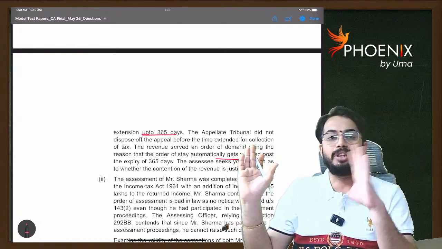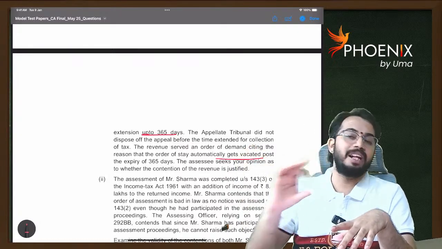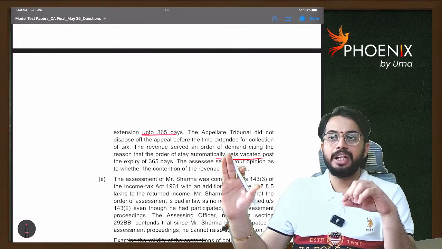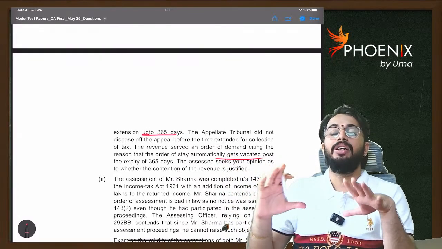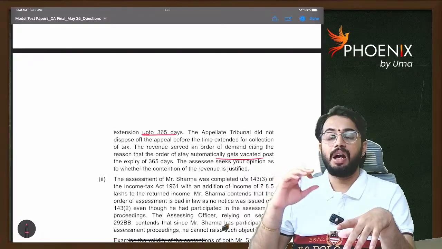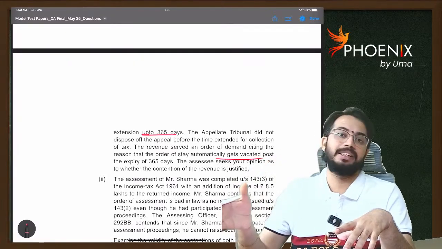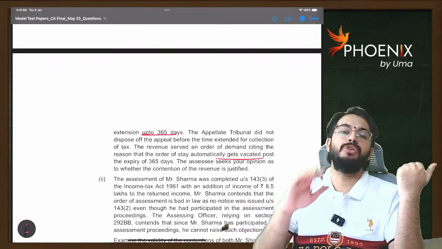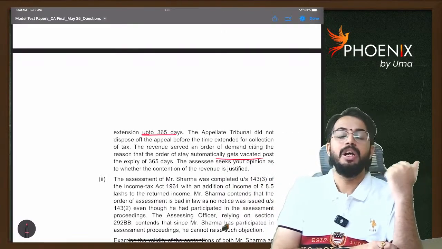Even after completion of 365 days also, stay will continue and stay will not be vacated, subject to the condition there should be no default on part of the company. If there is no default on part of the company, stay will continue even after 365 days also.